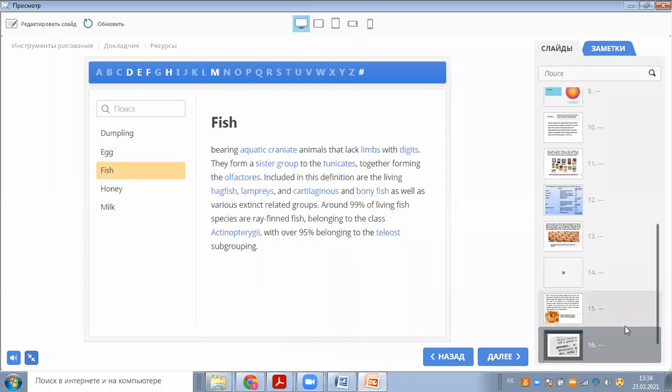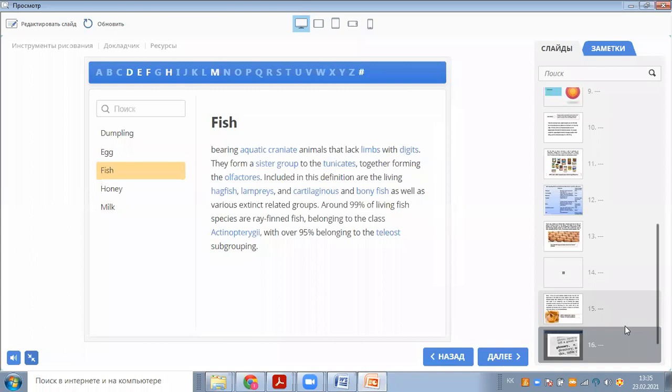And the next is fish. Fish are aquatic craniate animals that lack limbs with digits, and they form a sister group to the tunicates, together forming the olfactores, and the definition includes living hagfish, lampreys, and the cartilaginous and the bony fish as well as various extinct related groups.